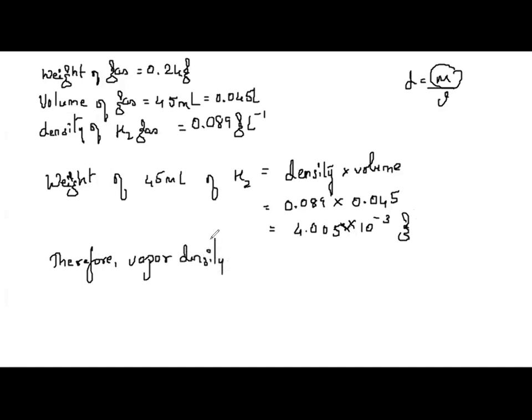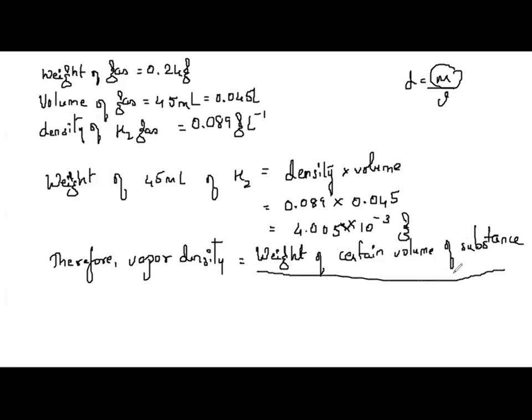Vapor density is nothing but the weight of a certain volume of substance divided by the weight of the same volume of hydrogen.